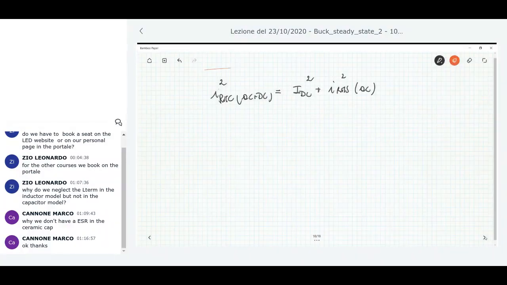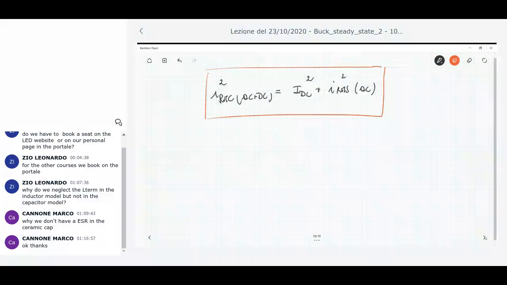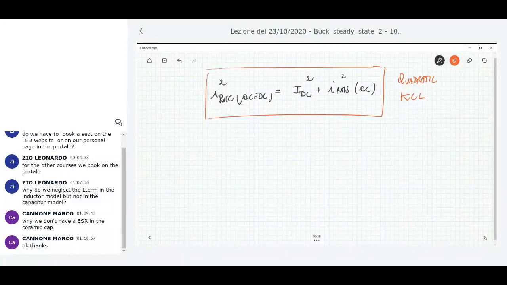Note that this is a fundamental result that is also called the quadratic Kirchhoff current law. So we cannot apply the Kirchhoff current law for root mean square values of currents flowing in the nodes, but we can apply the quadratic Kirchhoff current law when you have a current which is the sum of a DC current and a just AC current.